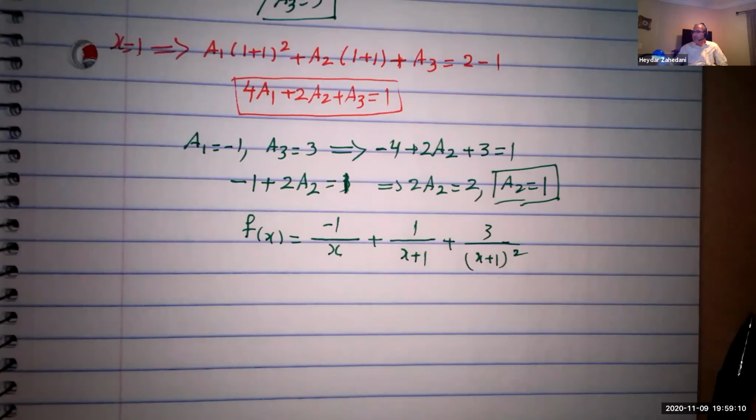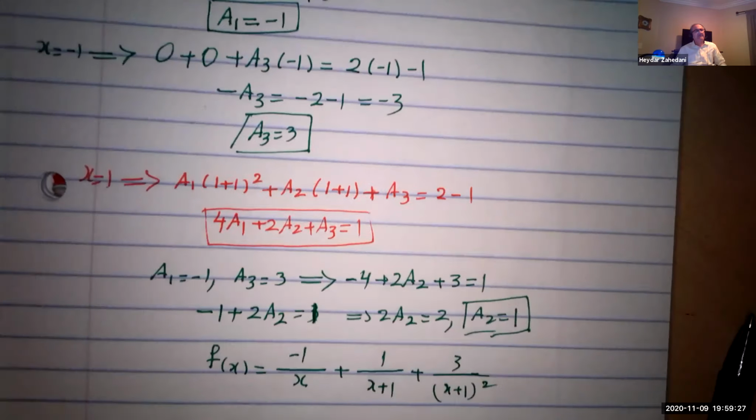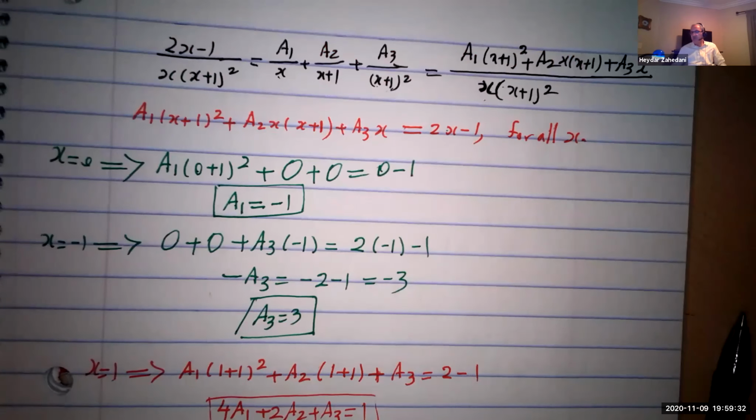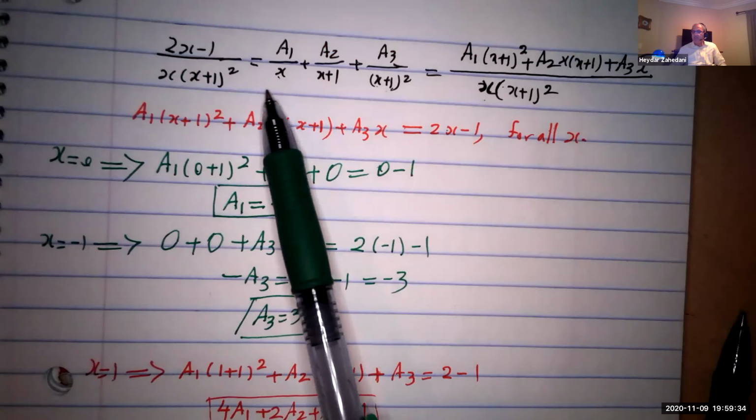So, ready for case 3. Now, what is going to be case 3? When we factor the denominator, there is going to be a quadratic polynomial. You see, they are linear.